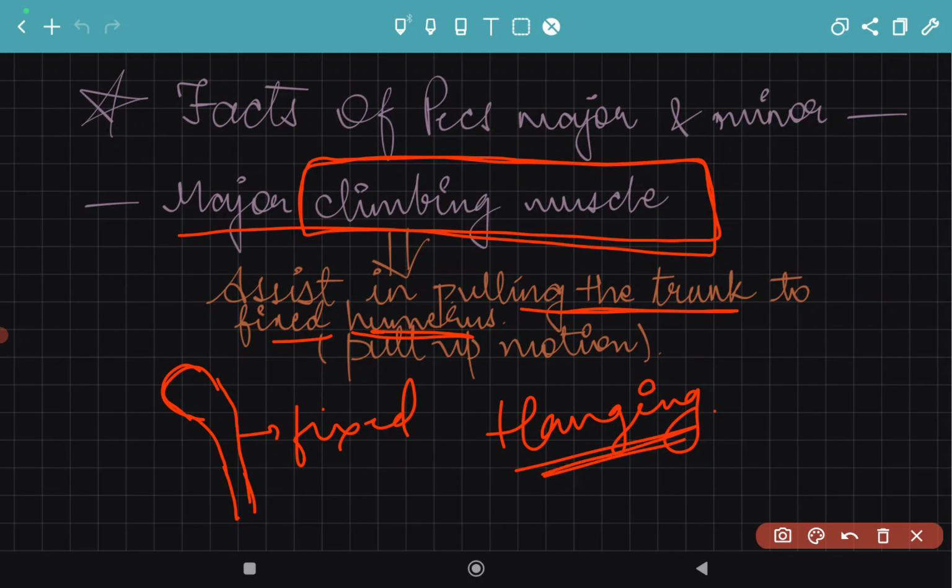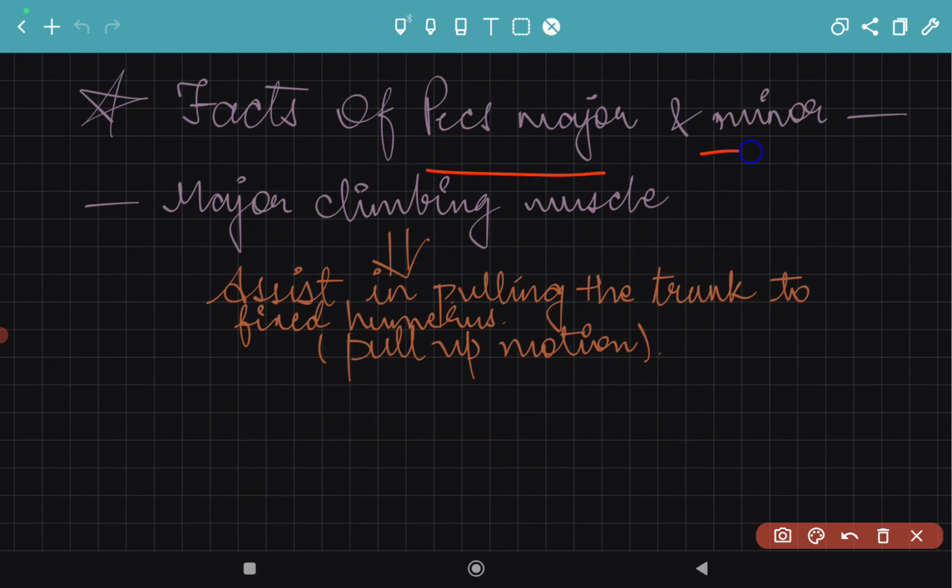The humerus will be fixed in this position, and here the pectoralis major along with the minor muscle will assist in the pull-up motion, that is, pulling the trunk towards the fixed humerus. So it is a major climbing muscle.